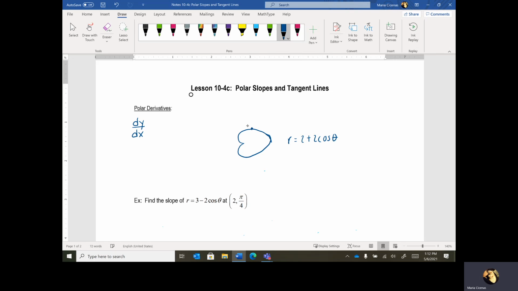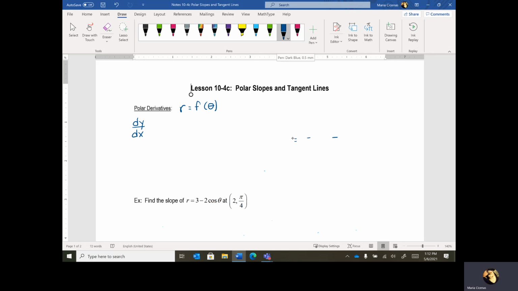But when we find a point and the tangent line, the slope, we can still express that dy dx. But if we have a polar equation, like maybe that cardioid that I have written there, we have r expressed as some function of theta.